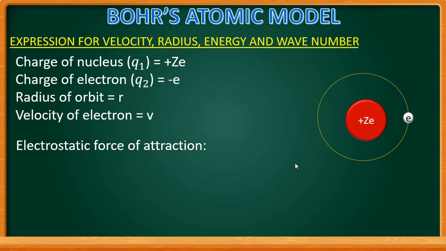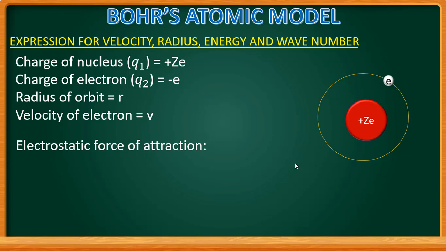As we know, if two charged particles are there, there must be an electrostatic force of attraction. Here, the nucleus is positively charged and the electron is negatively charged, so an electrostatic force of attraction arises, or you can also say Coulombic force of attraction.